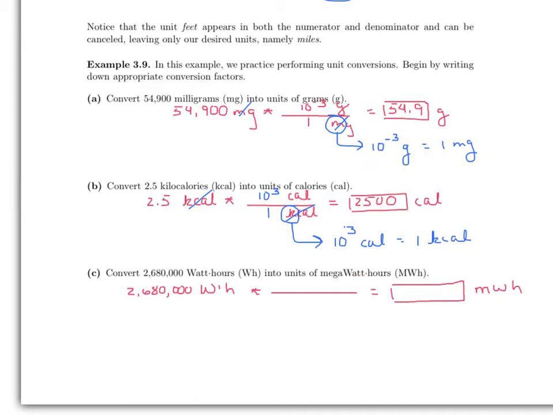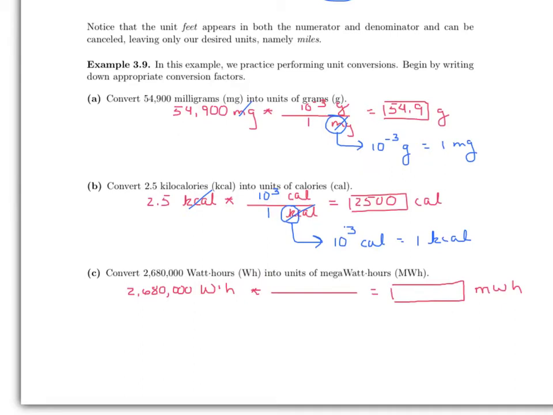Okay, so we want to think about this a little bit. Notice that hours appears in our given units and also in our final units. In other words, with our conversion factor here, we do not want hours to cancel out because we want it to remain in our final units.